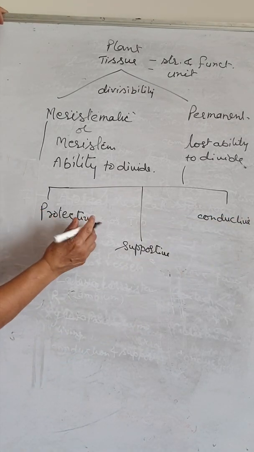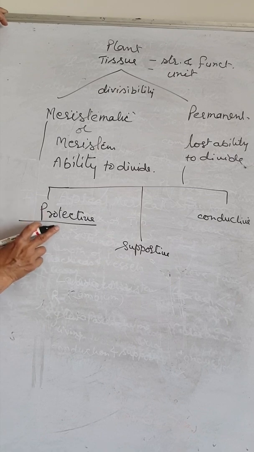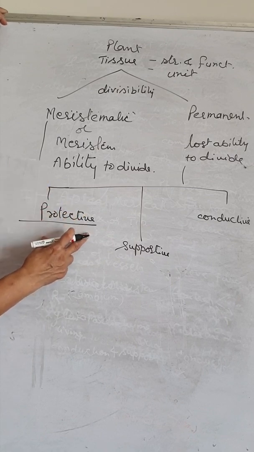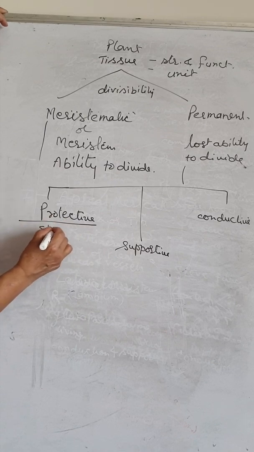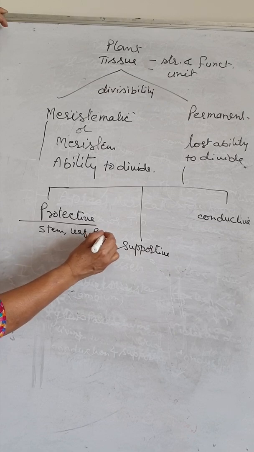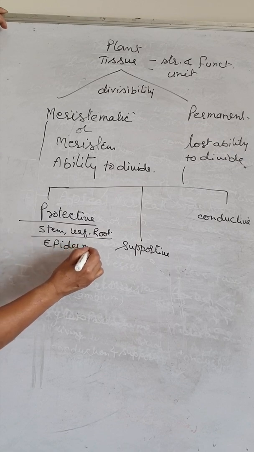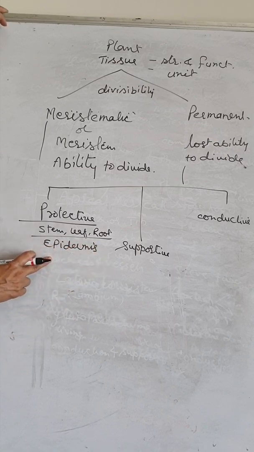Protective means they provide protection to all parts of the plant. They are present at the outer covering of the plant. They are found on the stem, leaf, and root. The outer covering is made up of epidermis. So the epidermis is the outer covering of the plant. It is found on all parts of the plant.